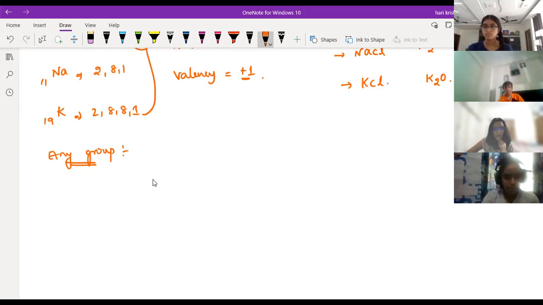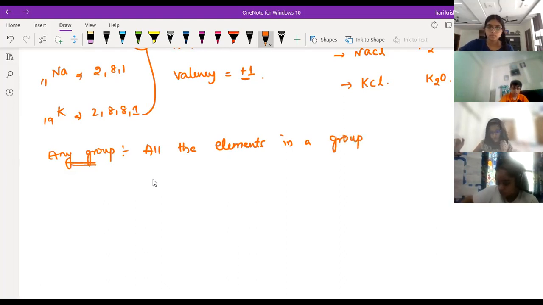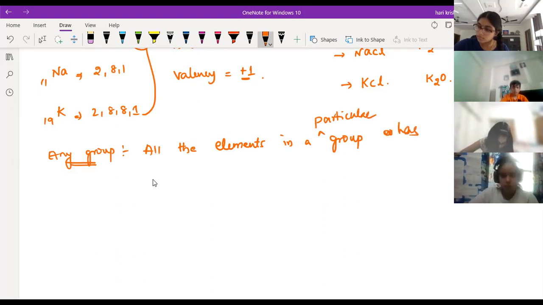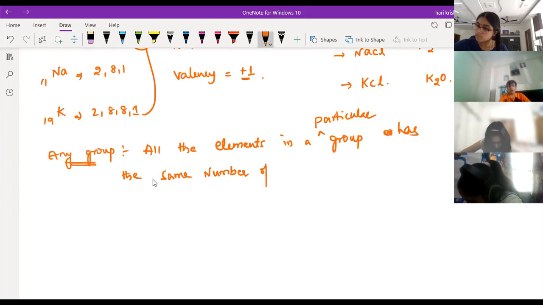All the elements in a particular group have the same number of valency electrons.